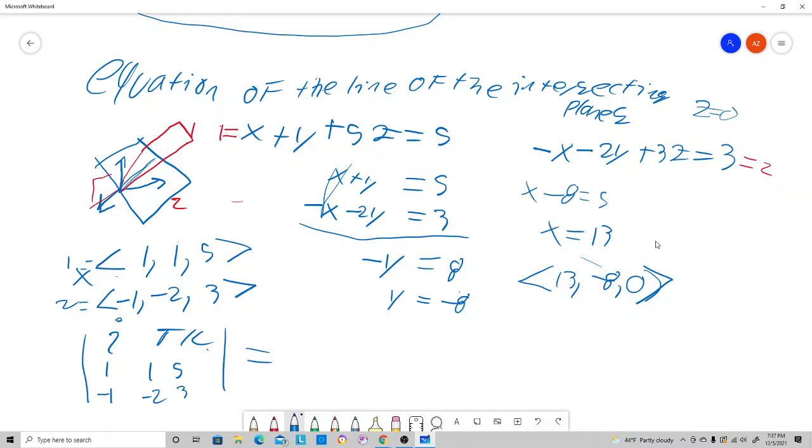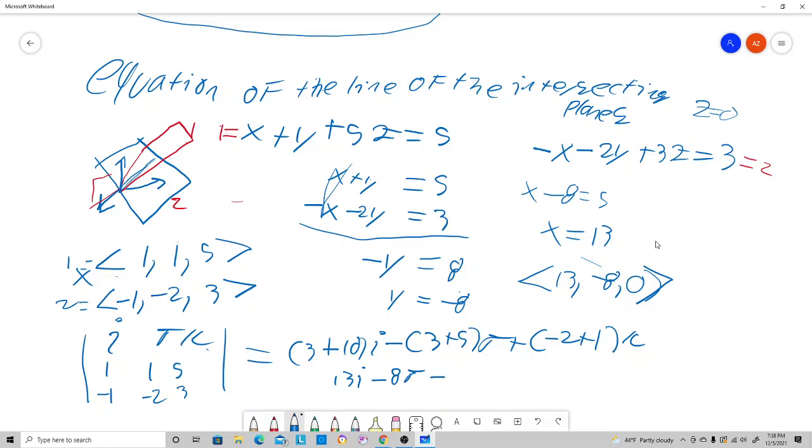So 3 plus 10 is the i component, minus, 3 plus 5 is the j component, plus -2 plus 1 is the k component. So that's 13i minus 8j minus k.